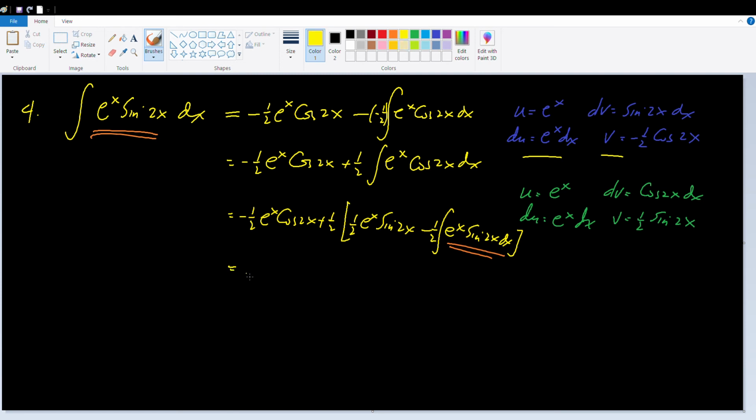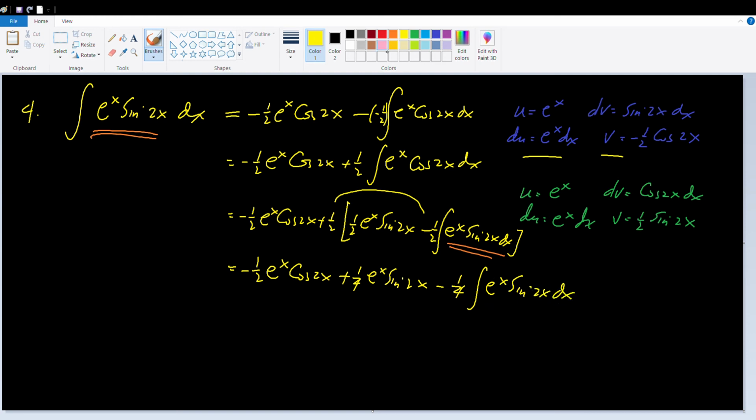So let me rewrite this as negative 1/2 e to the x cosine 2x plus 1/4 e to the x sine 2x minus 1/4, okay, of the integral of e to the x sine 2x dx.